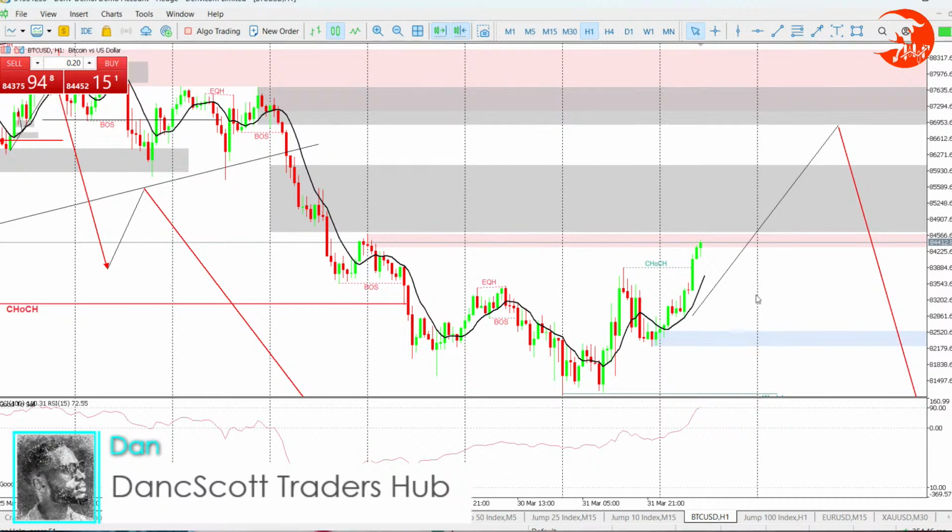As we speak, we need to see a higher high created and a lower low, then we can make an entry. So probably it may come all the way to this order block to test it, then we can have another entry of the buy to take us right up there.